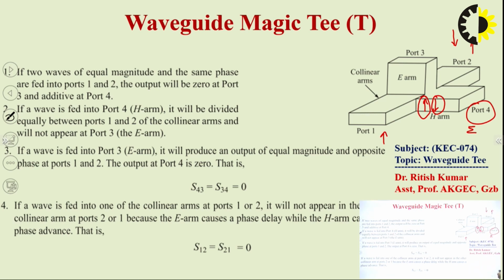So at last we will not have any power at port number 4, because in that case this port will act as a subtractor port, and the representation of the subtractor port is by delta.